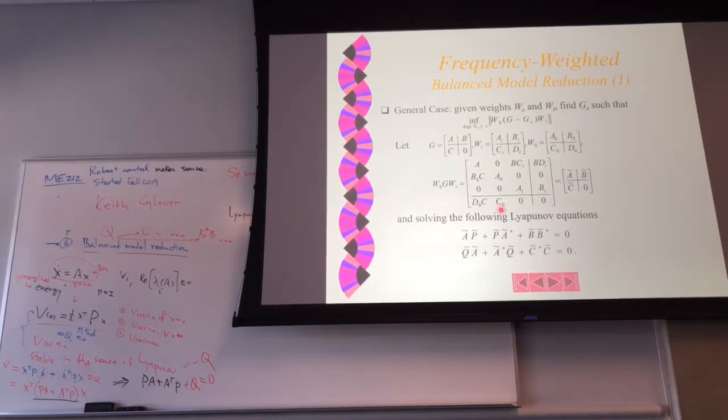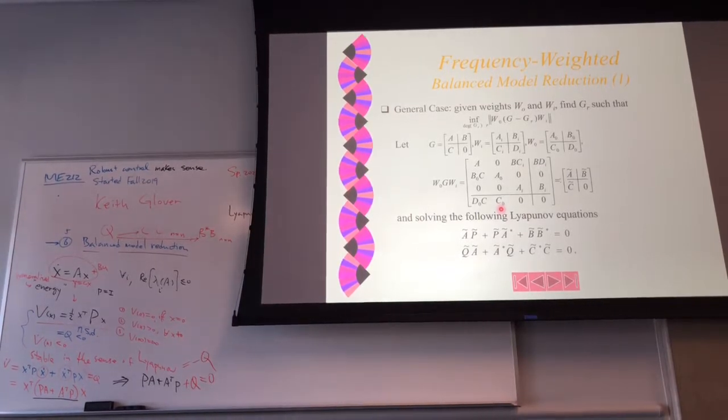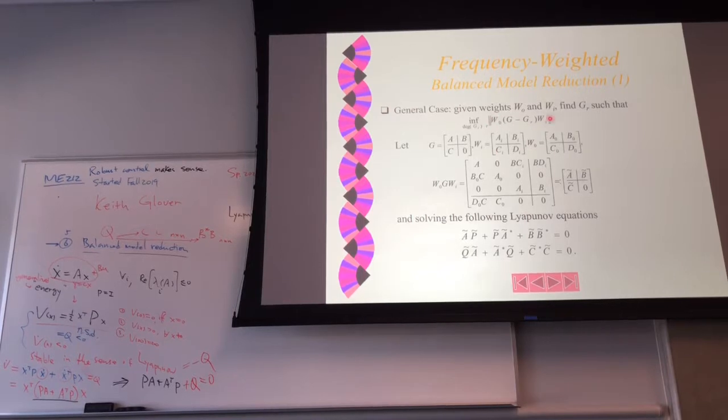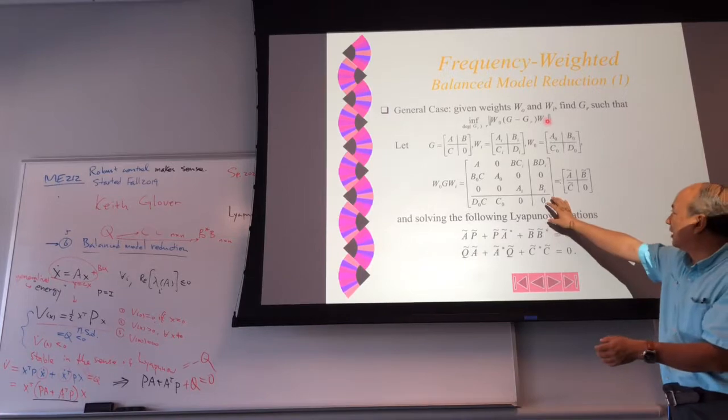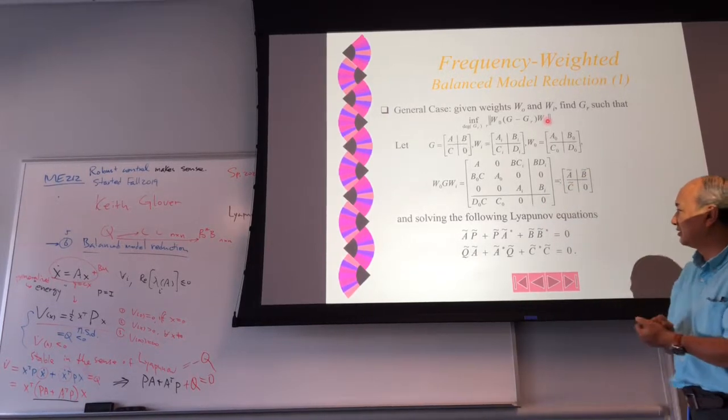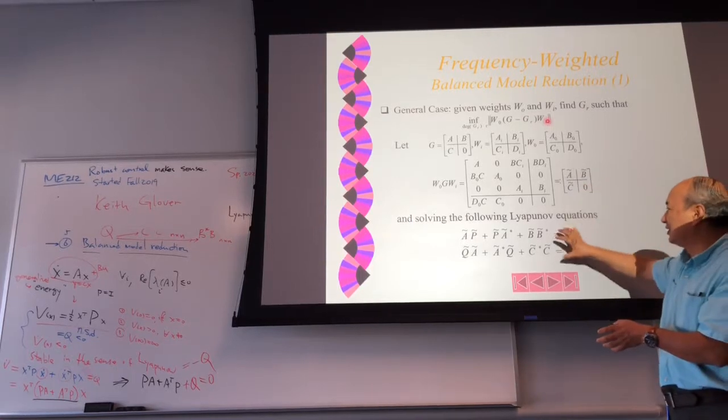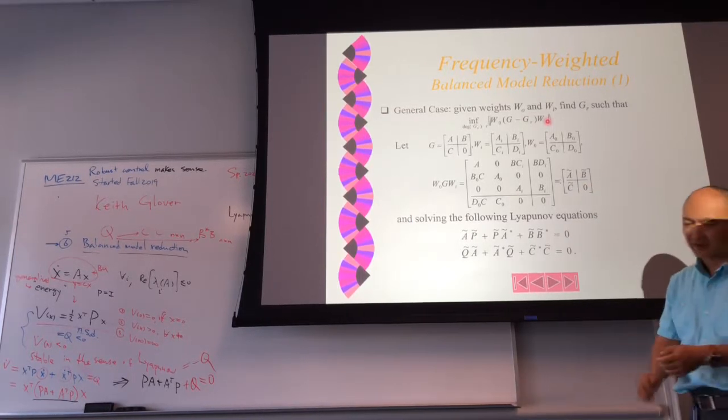The rest of the topic is to add W_O and W_I, the output and input weights, into that balanced model reduction. So you basically have the original G transfer function matrix, and you have the W weighting function, the weighting filter matrix. Each of them will have an A, B, C, D realization. Then the composition will have this, and from here you can do this.